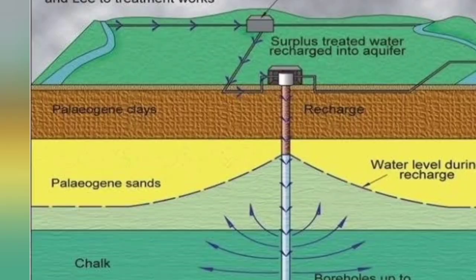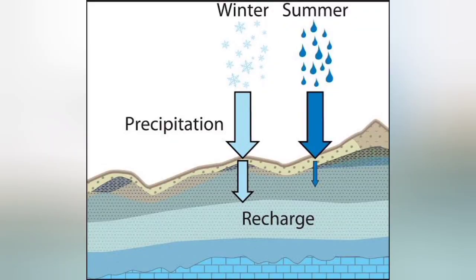So the basic purpose of artificial recharge of groundwater is to restore the supplies from aquifers that are depleted due to excessive groundwater development. Coming to the groundwater or subsurface reservoirs, we will discuss a few things.